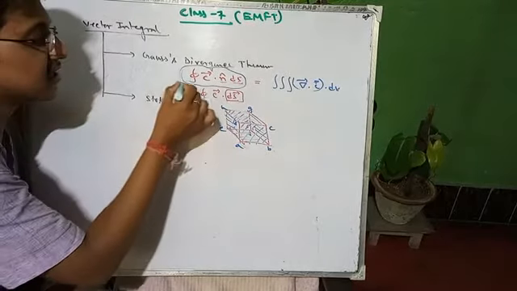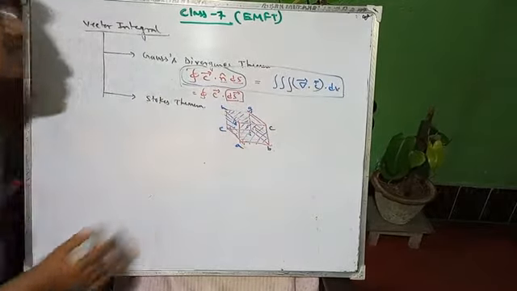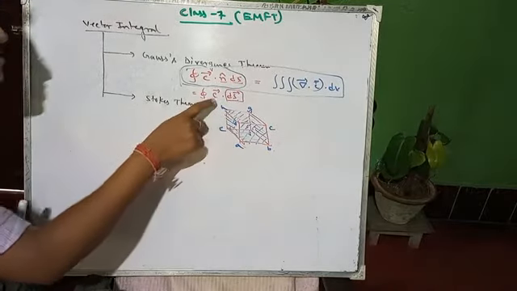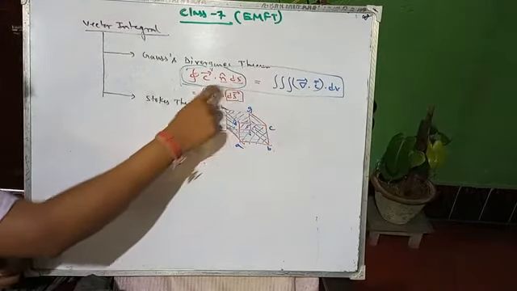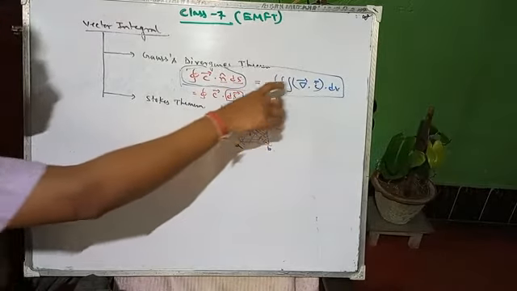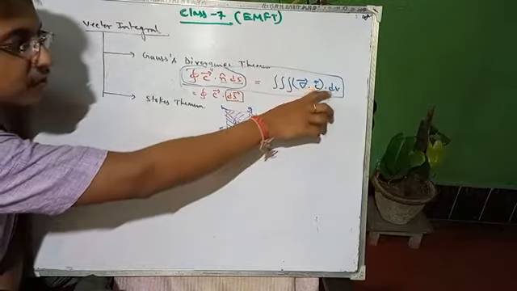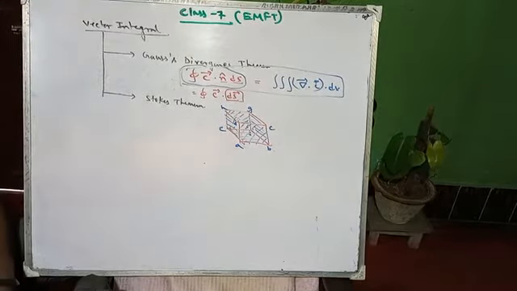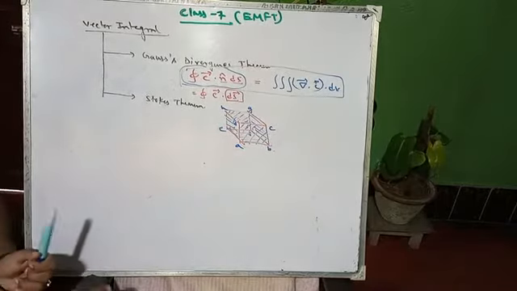So this is the equation: the closed surface integration of C dot n cap ds, or C vector dot ds vector, equals the volume integration of the divergence of C over the volume enclosed by this system. This is the divergence theorem.